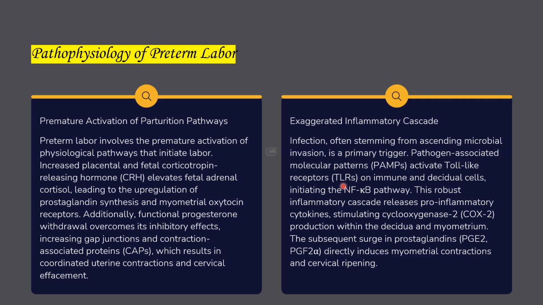This initiates the nuclear factor kappa B pathway, and this robust inflammatory cascade releases pro-inflammatory cytokines, which stimulate cyclooxygenase 2, produced in the decidua and the myometrium. Eventually there is a surge in the prostaglandin. This prostaglandin directly induces myometrial contraction, and then cervical ripening happens.